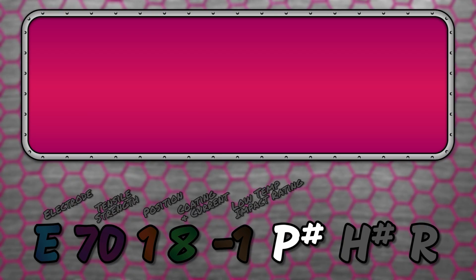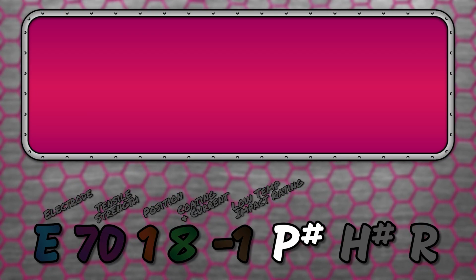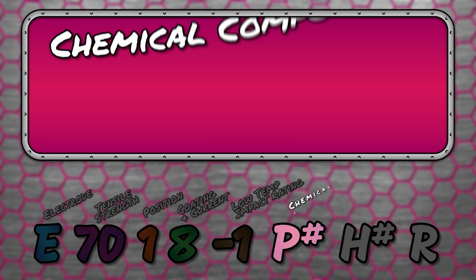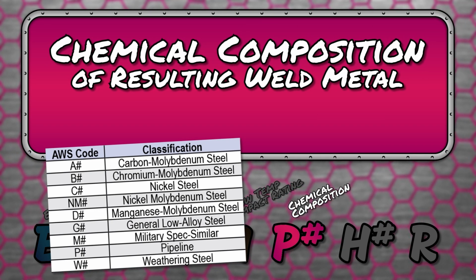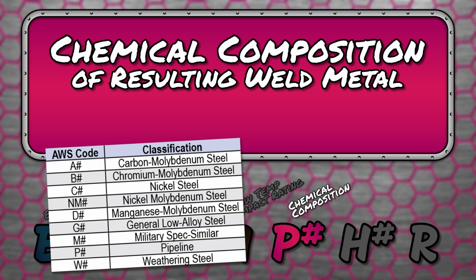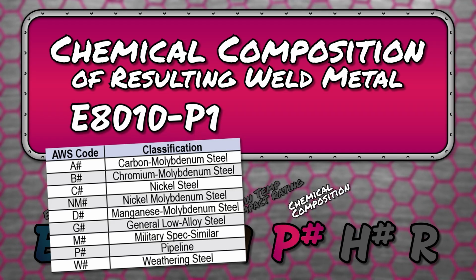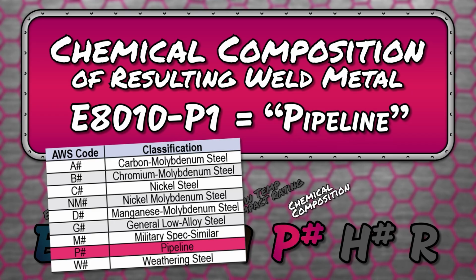After a hyphen, you may see a letter, usually accompanied by a number, indicating the composition of the weld metal produced by the electrode. For example, if there's a P followed by a number, then the weld metal is classified as pipeline.